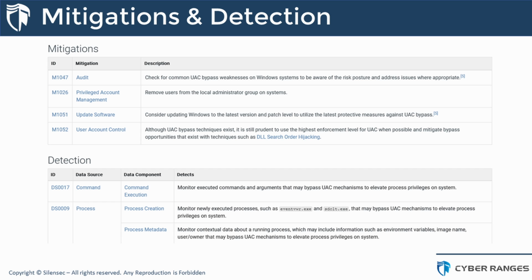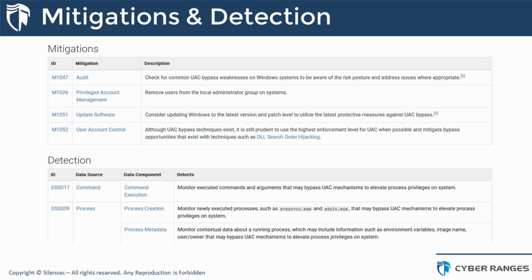In this case, the technique that I used for the mitigations and detections here is a privilege escalation technique, where you're bypassing user account control. And these are the different mitigations that can be put in place to prevent that technique from being used successfully by an adversary.